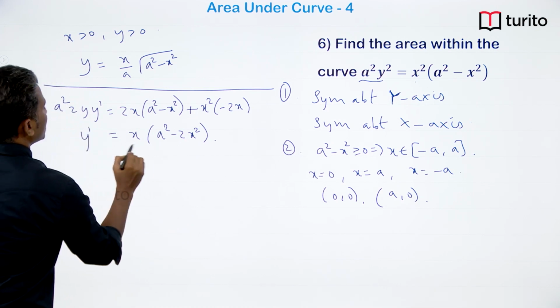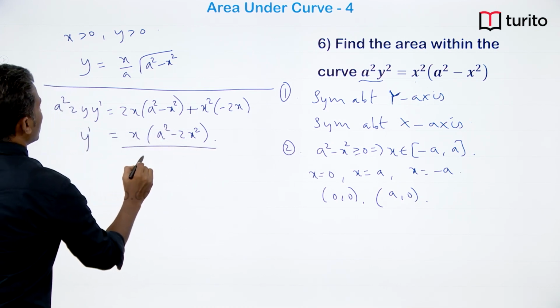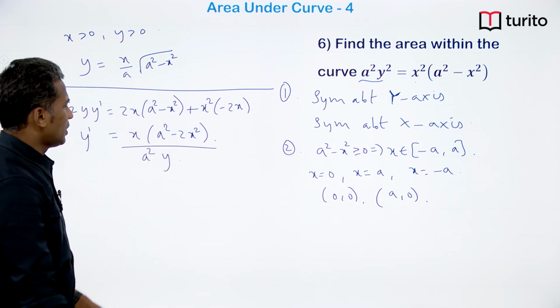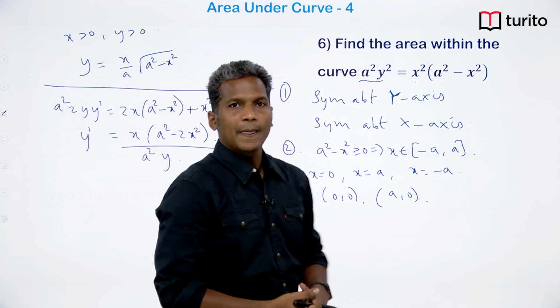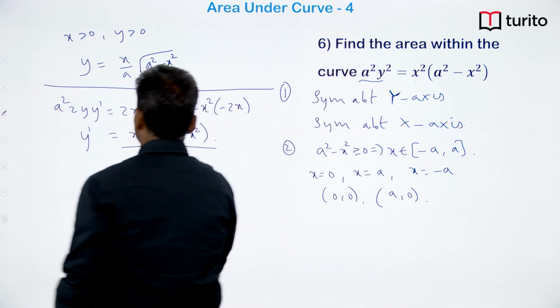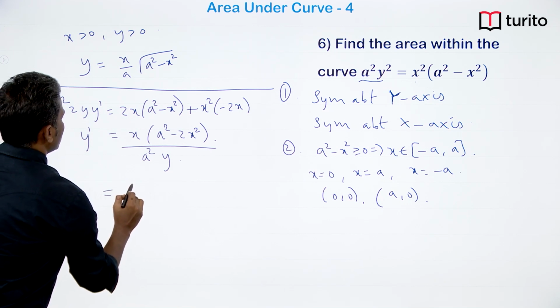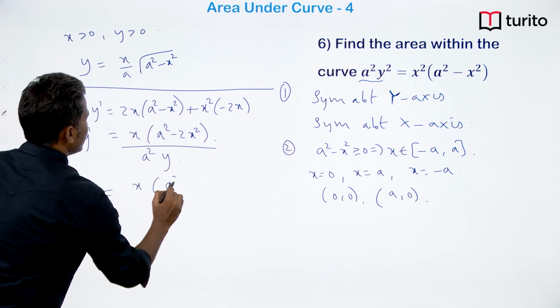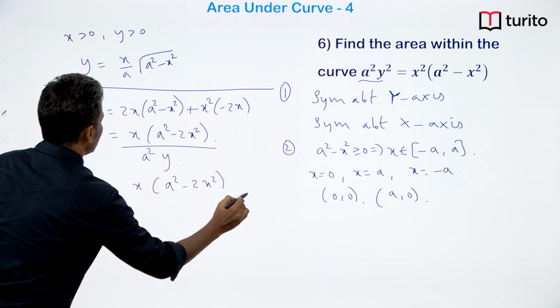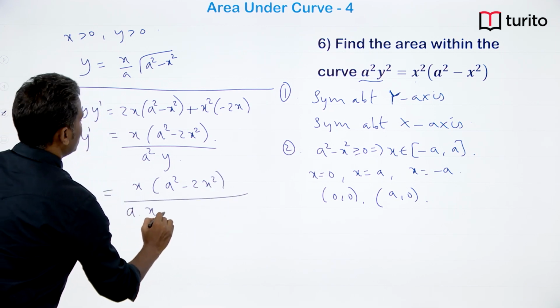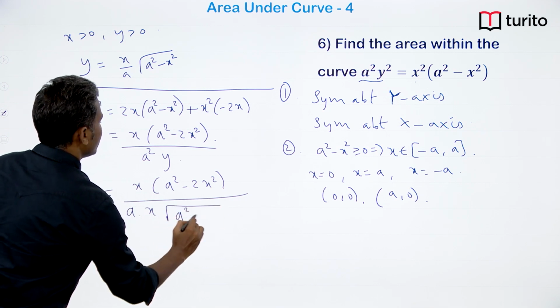So y dash can be written as this divided by a square into y. So now this is our derivative function. We can also write this, using this expression, as x into a square minus 2x square divided by a into x into root of a square minus x square.